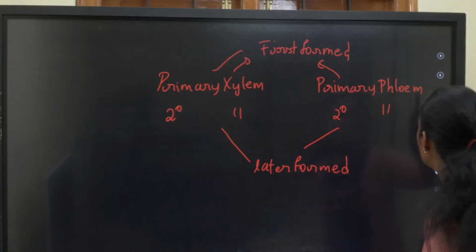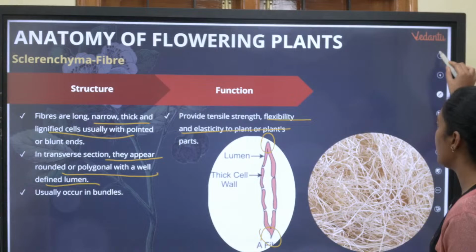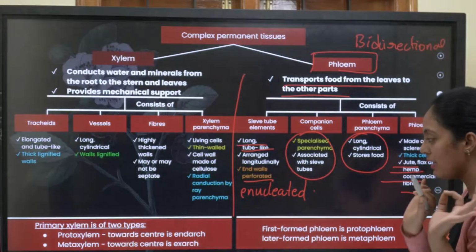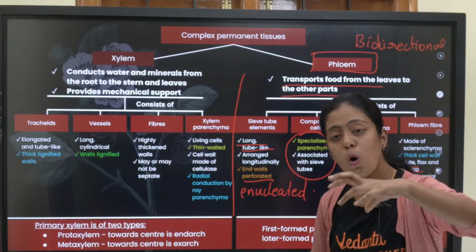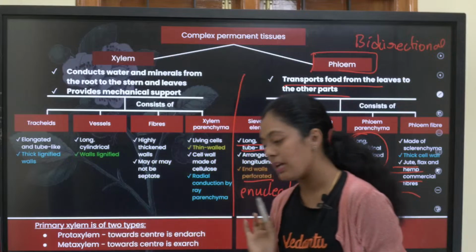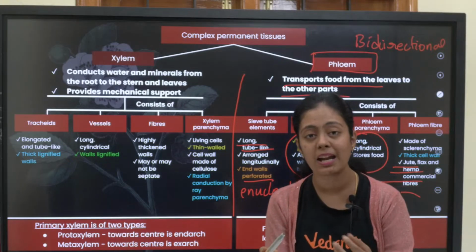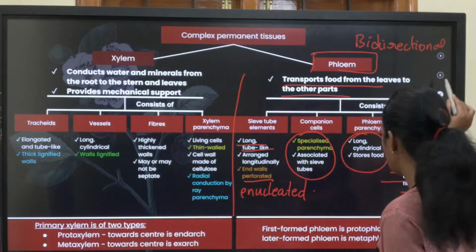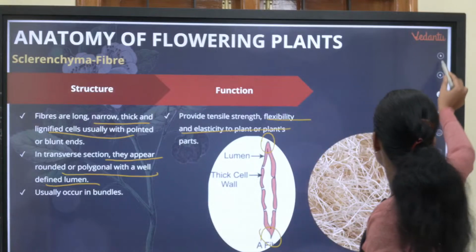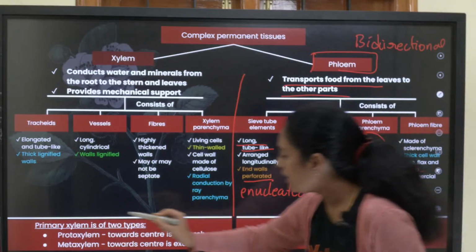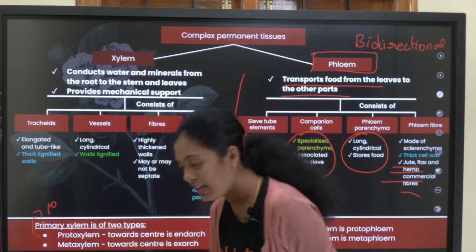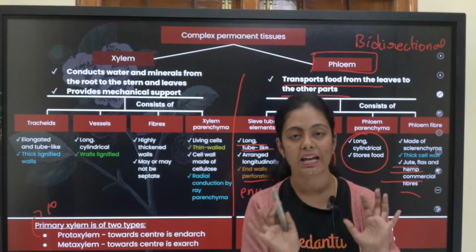Based on this, we have two important conditions: protoxylem and metaxylem. Protoxylem is the first formed xylem, the primary xylem. Metaxylem is the secondary xylem.